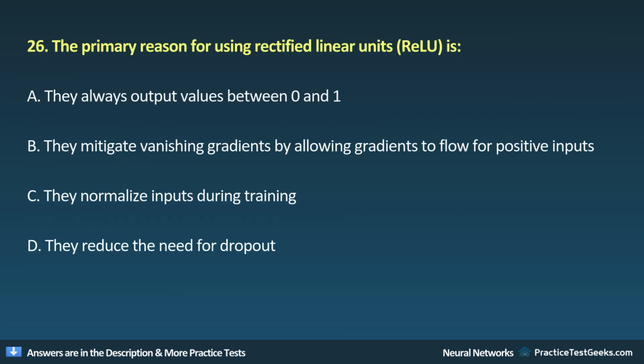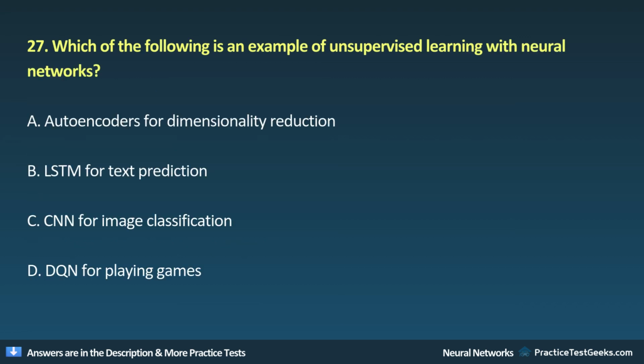26. The primary reason for using rectified linear units, ReLU, is: A. They always output values between 0 and 1. B. They mitigate vanishing gradients by allowing gradients to flow for positive inputs. C. They normalize inputs during training. D. They reduce the need for dropout. 27.